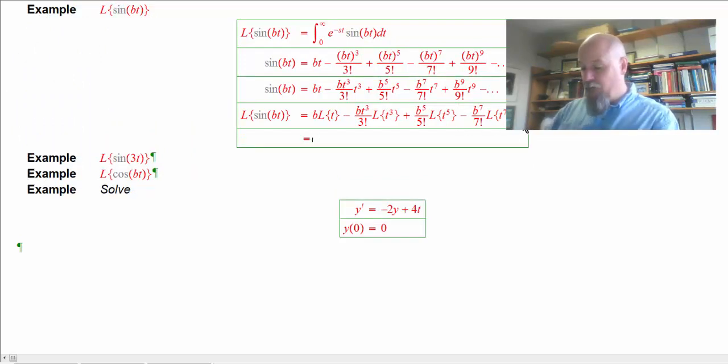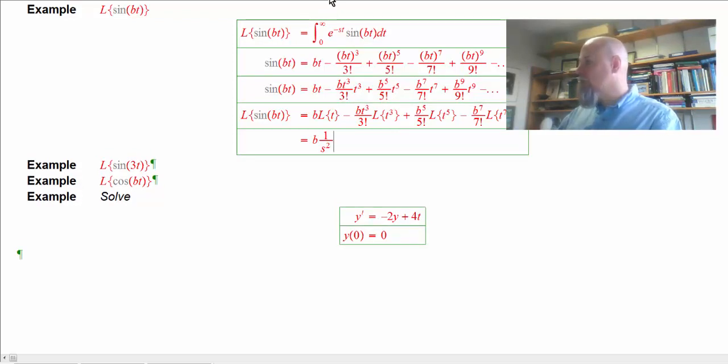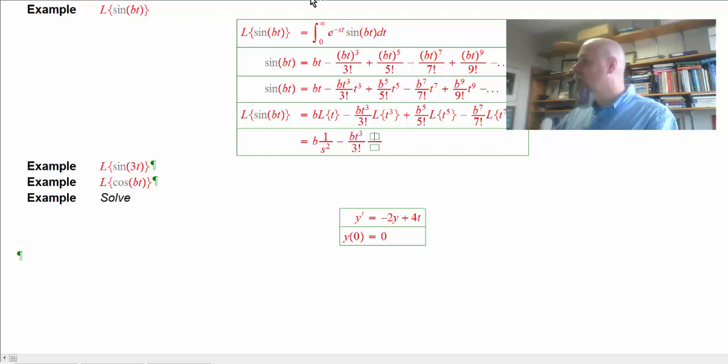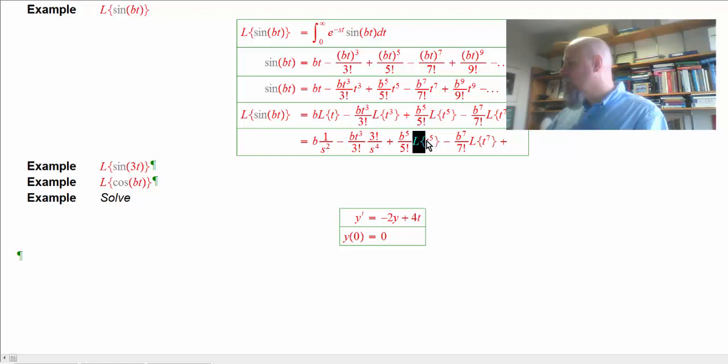So now, what is that? That's b times the Laplace of t, which is 1 over s squared, minus the Laplace of t cubed, that's 3 factorial over s to the 4th, plus the Laplace of t to the 5th, which is going to be 5 factorial over s to the 6th, minus 7 factorial over s to the 8th, dot dot dot.